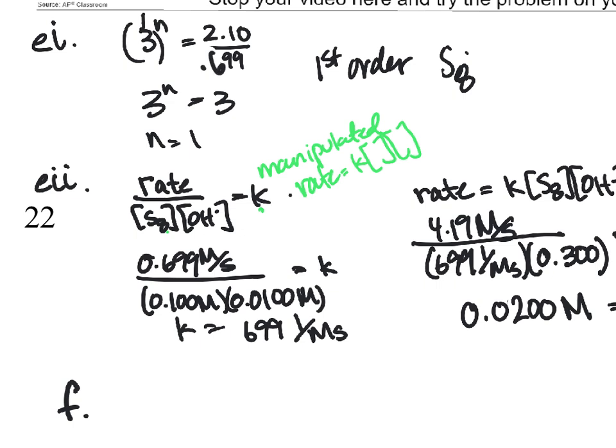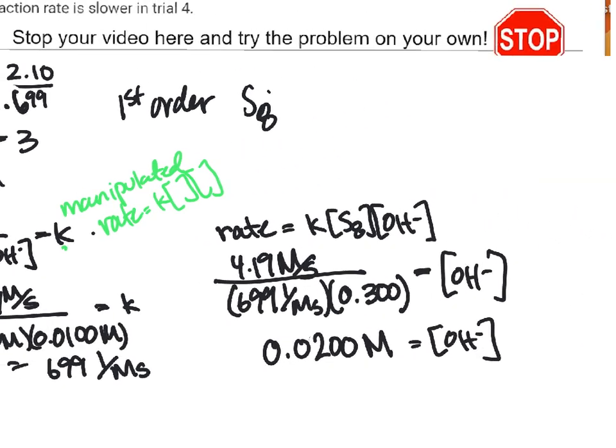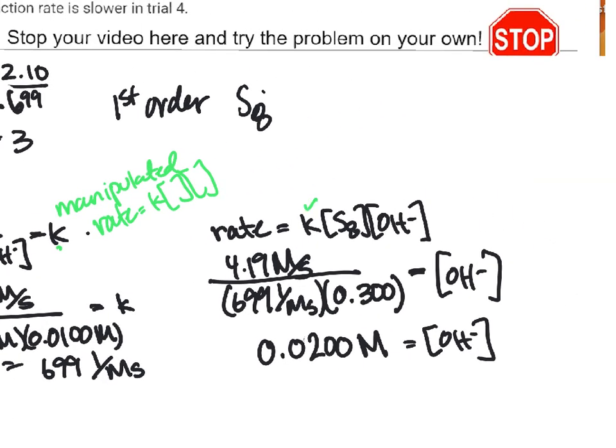The S8 was 0.1 and it was 0.01 for hydroxide. I just used trial 1. And I'm getting 699. And then now that I have K, I can solve for hydroxide for trial 3. And so I put that in for trial 3.